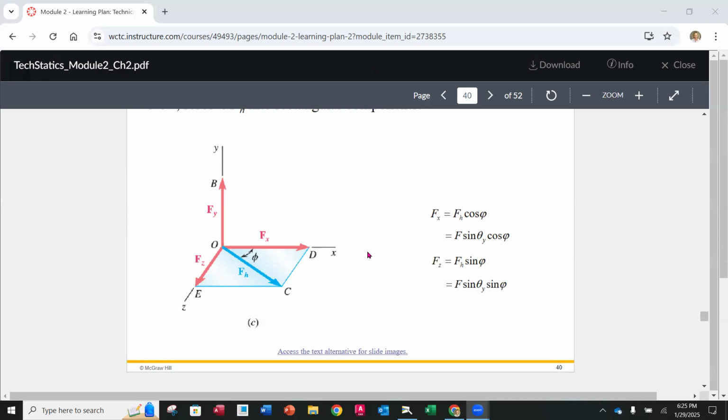As we look here, the angle coming off the x-axis is called angle phi. It's just a designation for an angle. And if we wanted to determine the x component here, we would take the cosine of that angle from the hypotenuse, or that force.